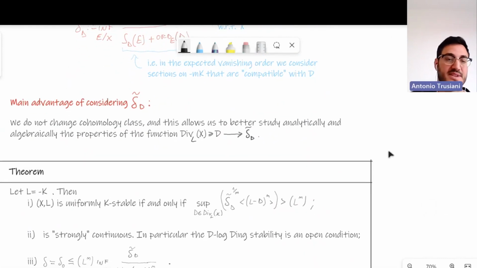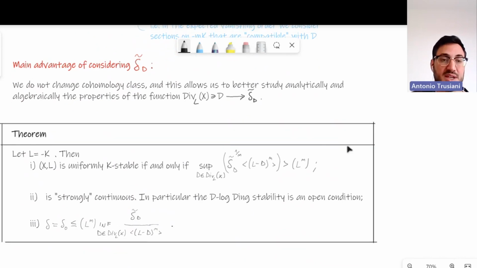So from this study, we have the following last theorem. Again, let L be minus K_X. Then X is uniformly K-stable, the genuine uniform K-stability, if and only if this happens. This is in line with some result that I got during my PhD.